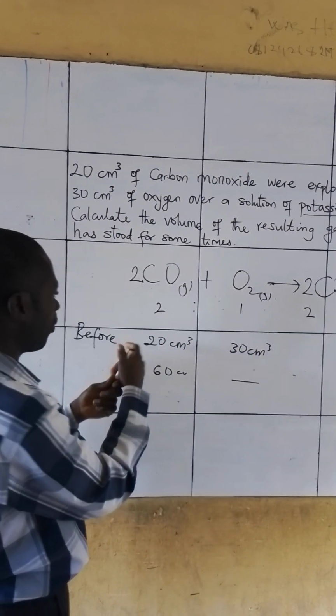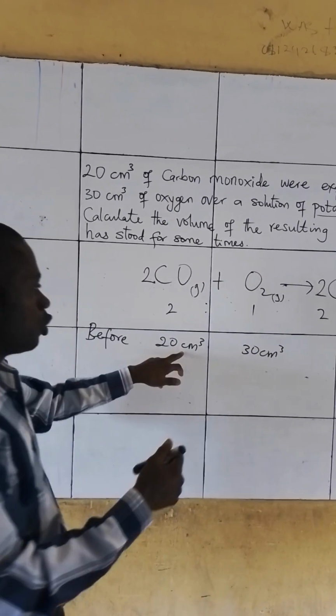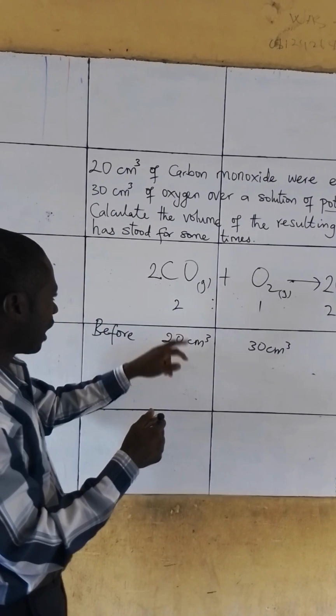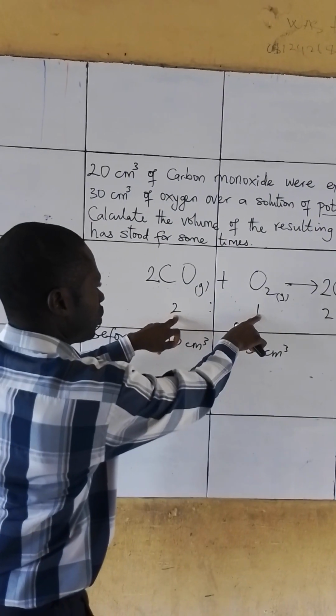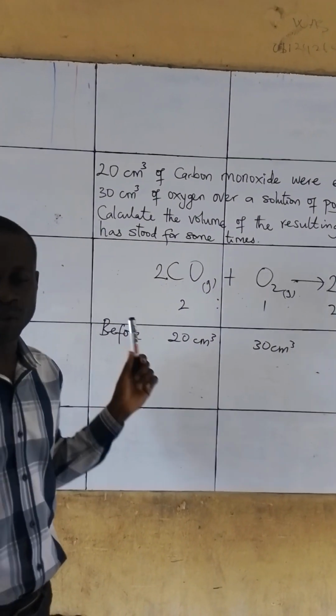Since it was not provided, I will know in my mind that I will not use all of 30. What I will use is all of 20, because when I take 20, half of 20, which is ratio 1, will be 10. With that factor in mind, you solve the problem.